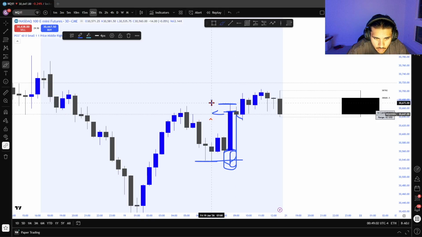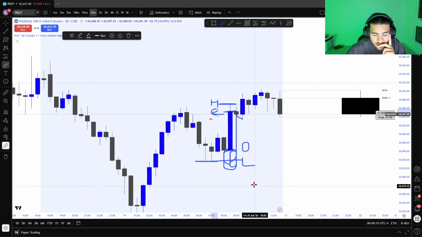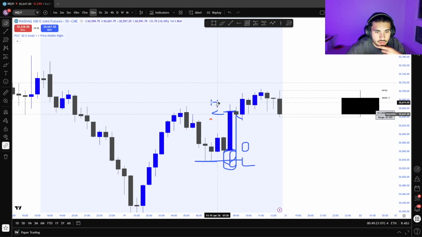Close, high, open, low, right? You get the point. High, close, open, low. It's pretty much the anatomy of a candle. Nothing more to it. It's pretty simple. Let me get you a bearish example, like a down candle example.